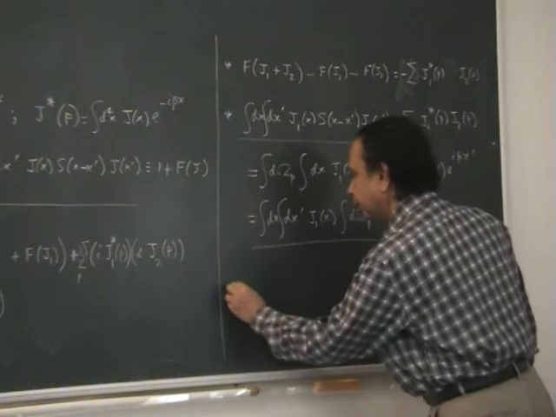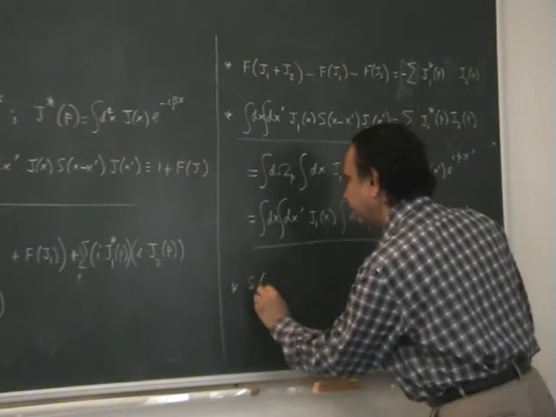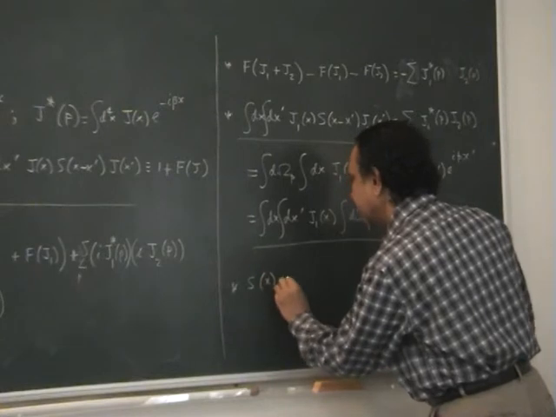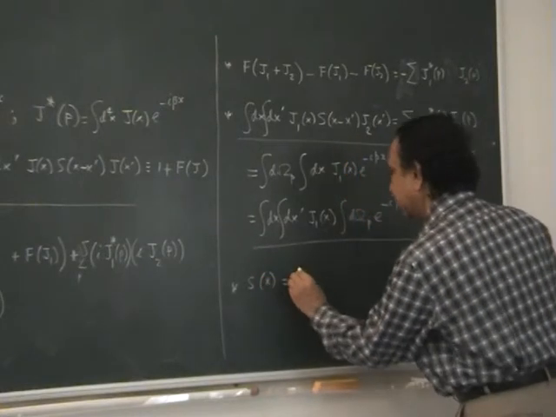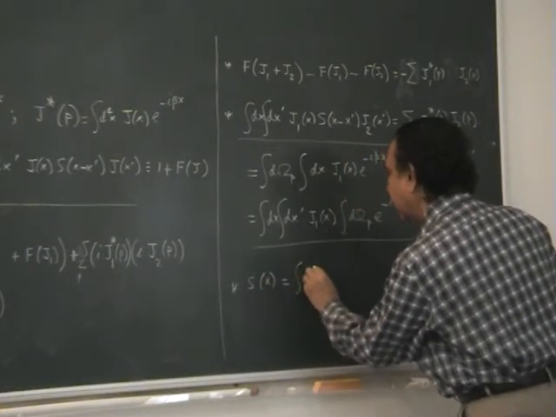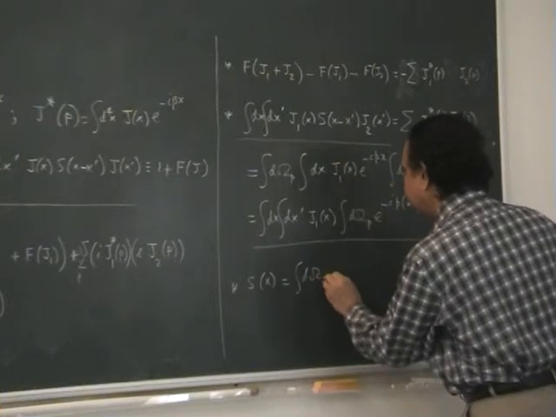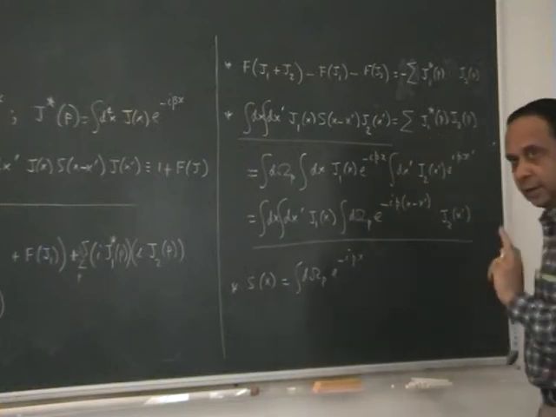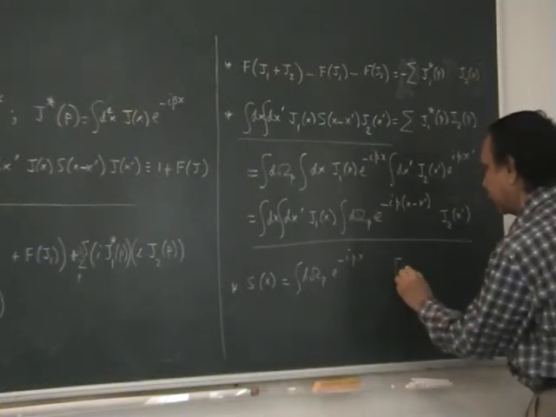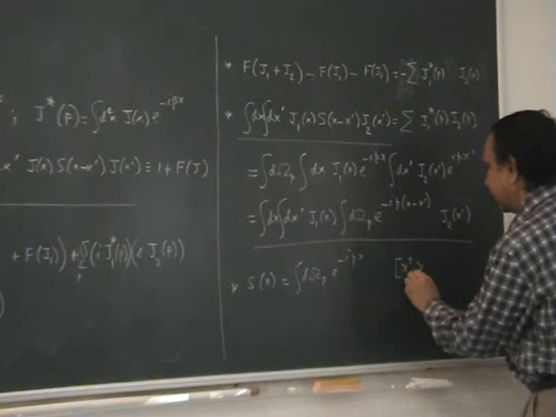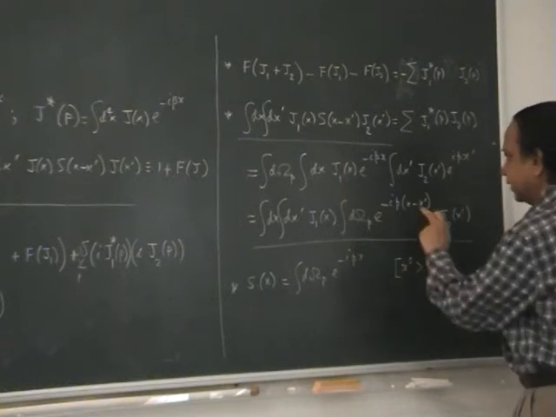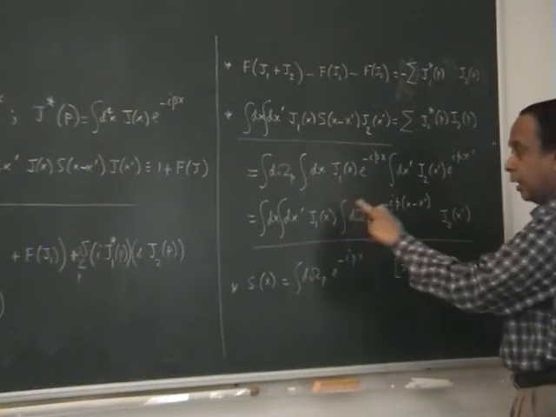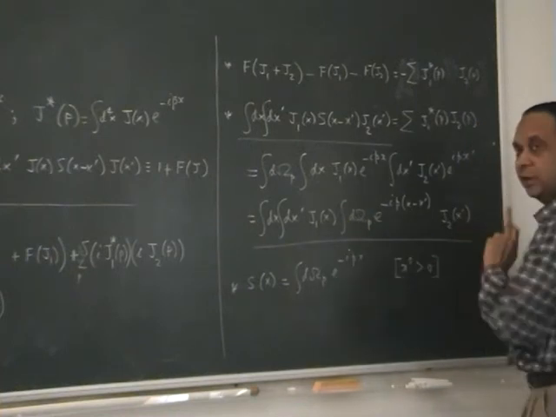That tells you that S of, instead of x minus x prime, let me write that as a function of x, is the integral d omega p of e to the minus ipx, with the condition that x0 is greater than 0. That is, x is after x prime, all the j1s are acting after j2.